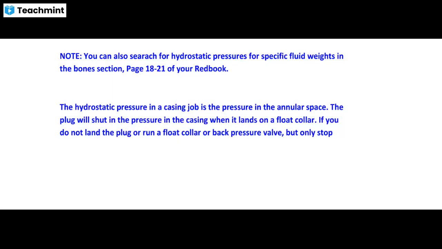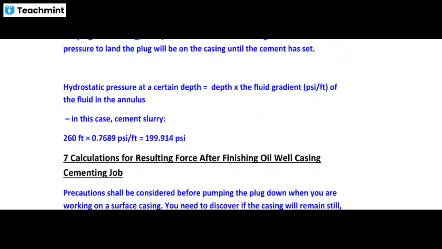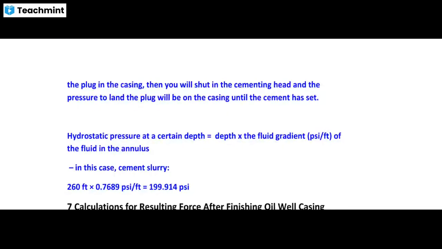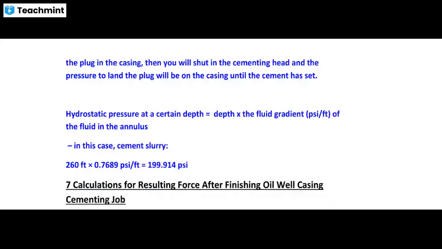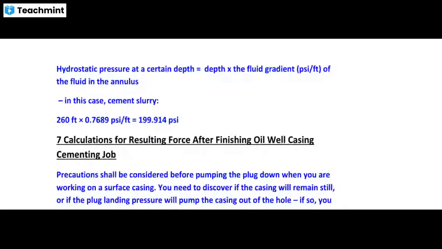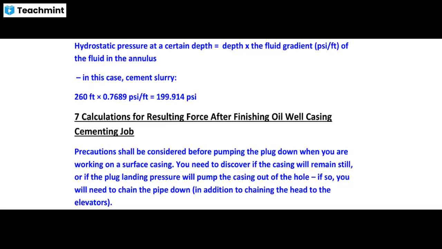If you do not land the plug or run the float collar or back pressure valve, you have to stop the plug in the casing. So hydrostatic pressure at certain depth equals depth times fluid gradient of the fluid in the annulus. In this case, cement slurry, you will get 260 feet times 0.78689, which gives 199.914 psi. That is your hydrostatic pressure at certain depth.